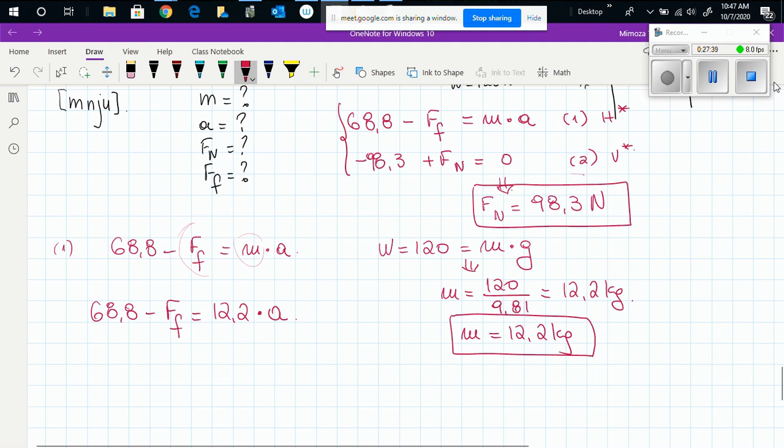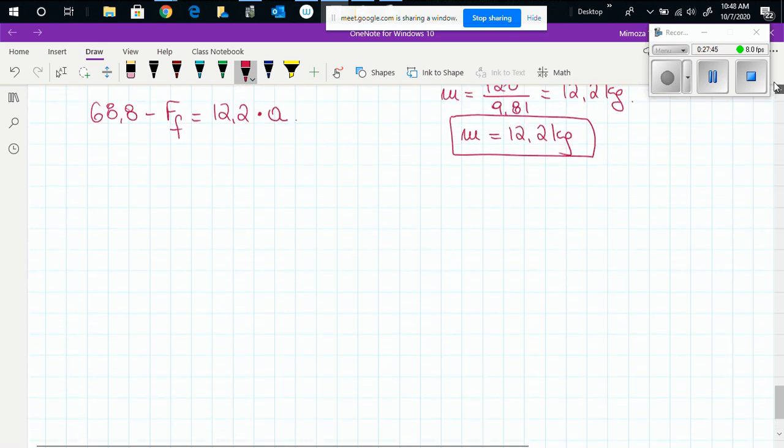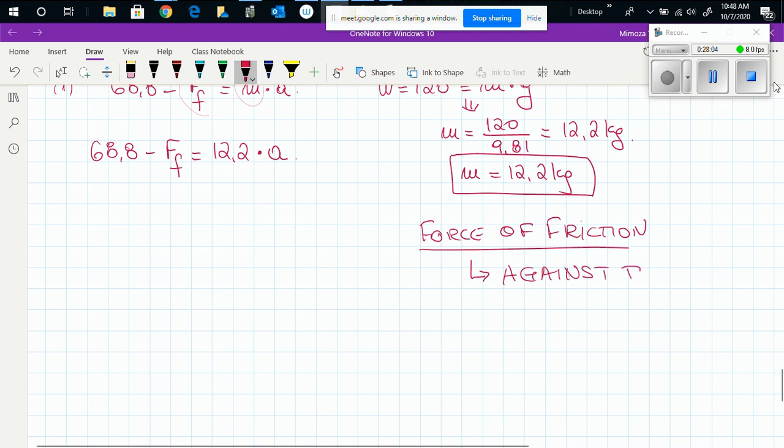However, this is the time where we talk about the force of friction. Force of friction is a force, we said it yesterday, that is against the motion, so it's in the opposite direction of the motion.